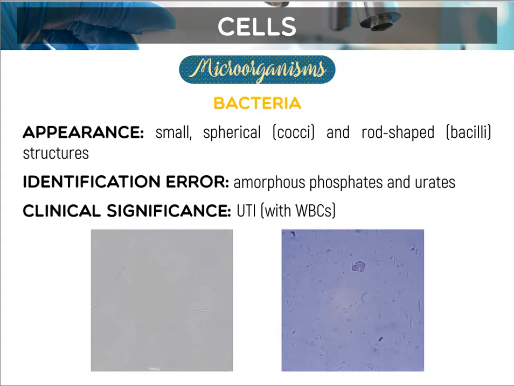So this bacteria may produce a positive nitrite in a pH above 8, indicating an unacceptable specimen. If the specimen stands for too long, the bacteria may produce a positive nitrite in a pH above 8. Okay, so it is unacceptable, guys.